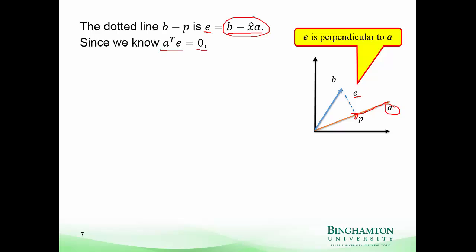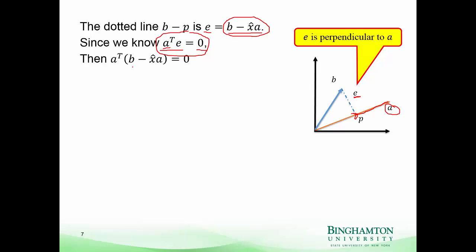Then we can take the inner product with A. So this equation involves two things that we know, A and B, and the one thing, x hat, that we don't know. Then we can just solve that equation for x hat to figure out what it needs to be. That's amazing.